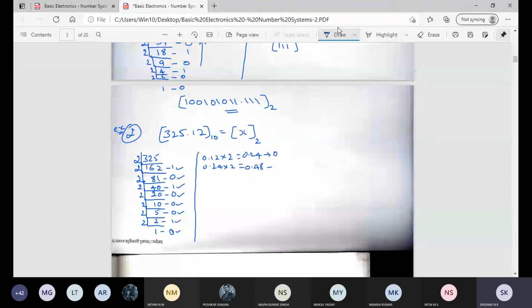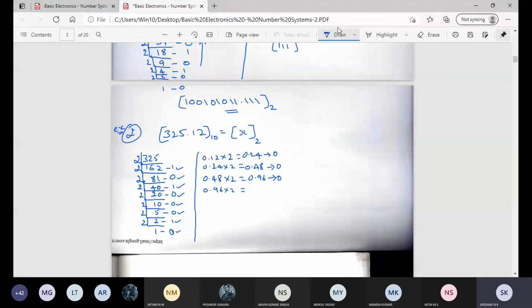Again the integer is 0. 0.48 into 2 is 0.96. 0.96 into 2 is 1.92.